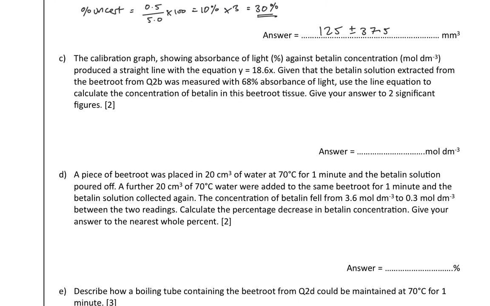And then a calibration graph showing the absorbance of light against beetroot concentration produced a straight line. So this is basically describing this graph. I've got light absorbance, and here I've got beetroot concentration, which is in moles per centimetre cubed, so that's in molar.